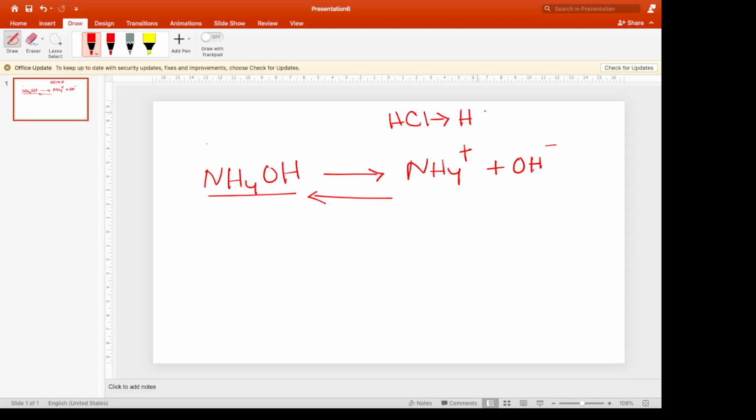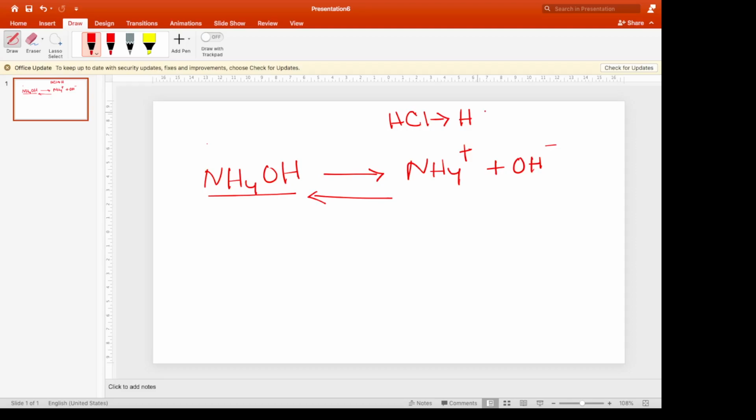Okay, and another component of this buffer is its corresponding salt, that is ammonium chloride. As it is stronger, it will dissociate 100%. It will form ammonium ion and chloride ion.